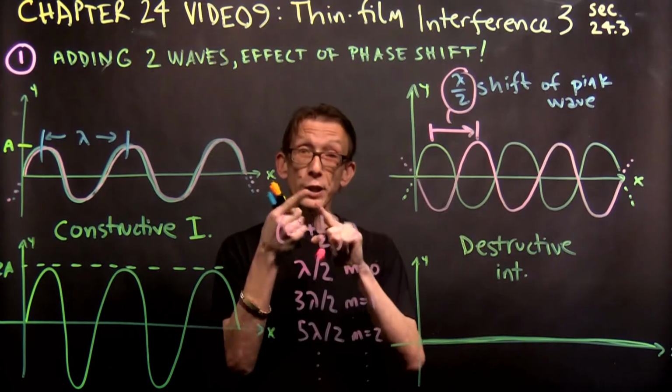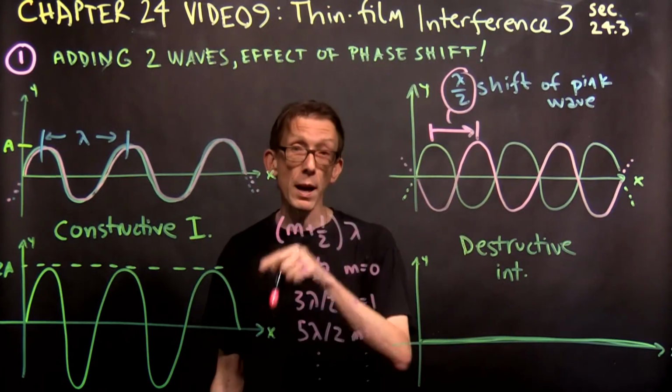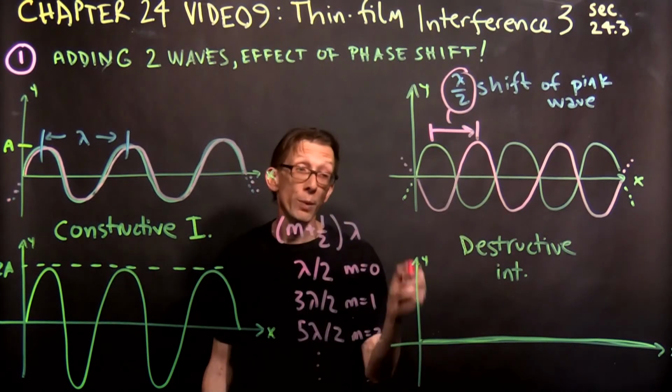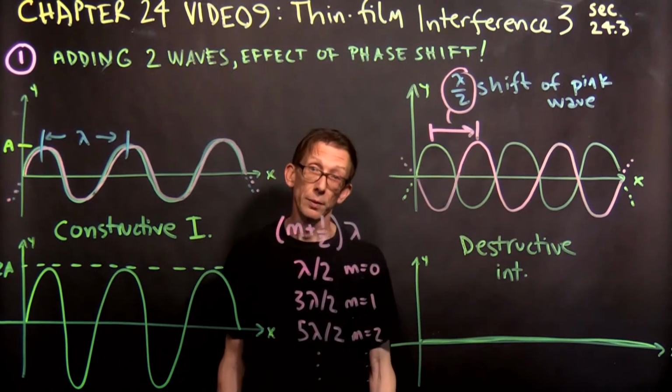If you have a relative phase shift between two waves of this amount, you go from constructive to destructive interference, or from destructive back to constructive interference.